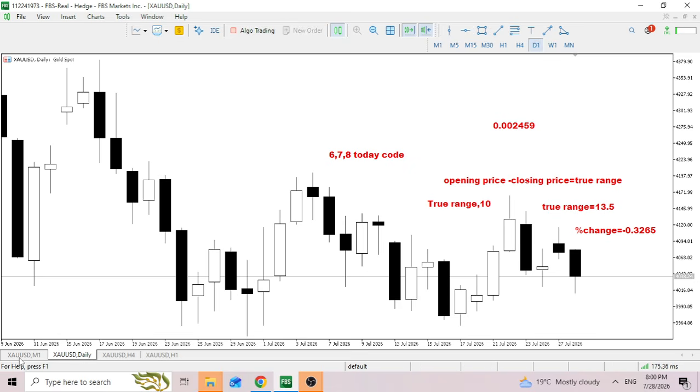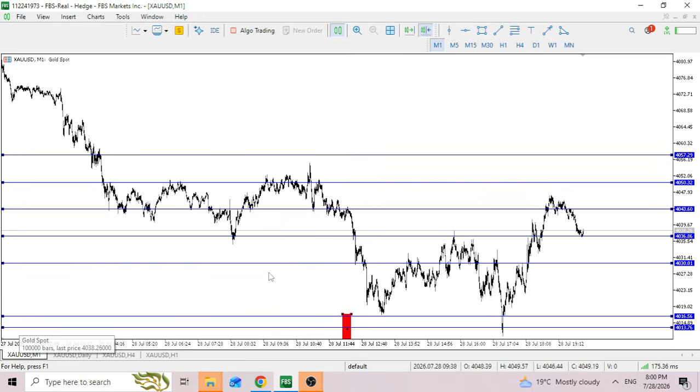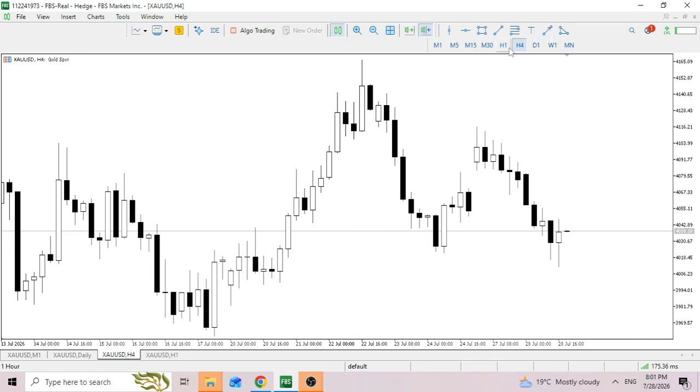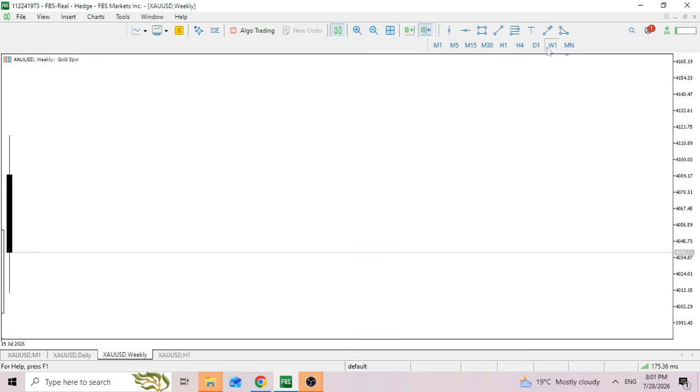Now come here, I show you something I want us to do for previous week. Good job. Open the weekly time frame. I will be a bit fast with this one.